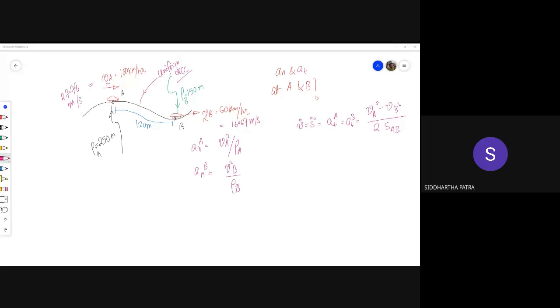Can this part be found out? Can these normal and tangential components be found? Sir, yes, go ahead. At point A, I am getting minus 2.056 ET cap plus 3.08 EN cap.